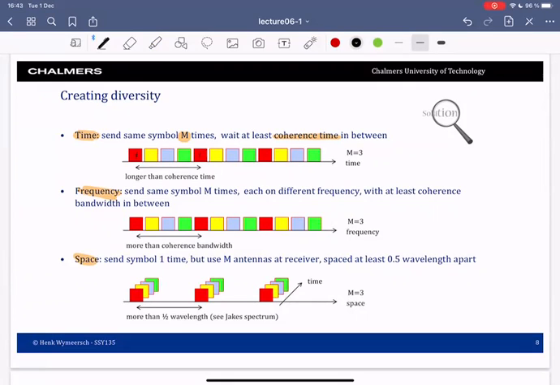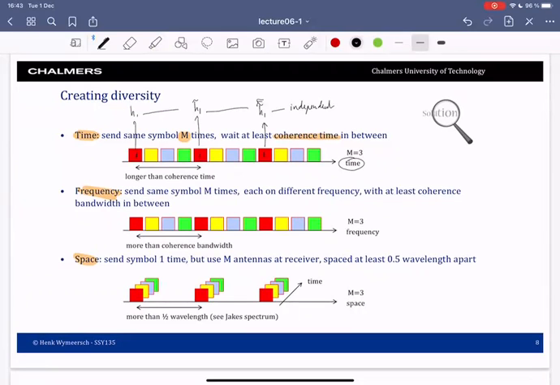We send exactly the same data, but the time in between should be larger than the coherence time, so that the channel the first time it is sent, H1, and this channel H1 tilde, are independent. And then we could send it another time here, H1 tilde tilde. So that's the channel seen by this first packet over different times, and these are all independent. And of course, on the x-axis here is time.